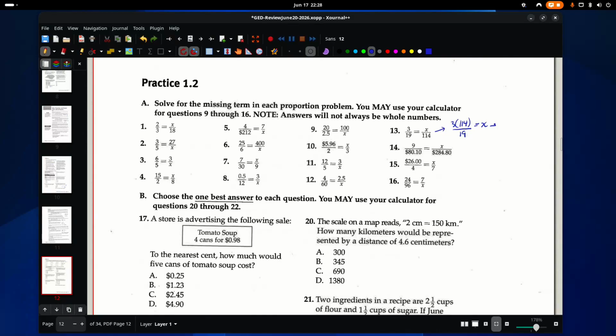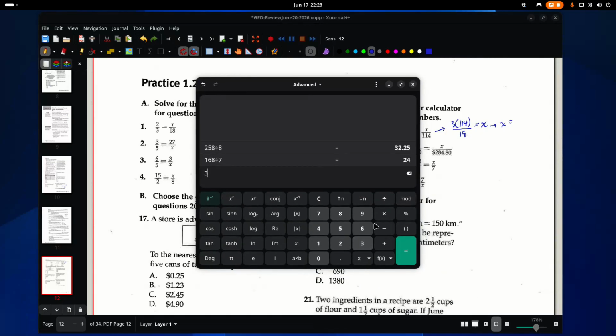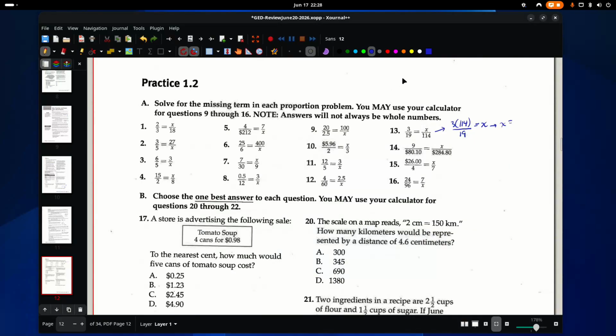So x has to be equal to 3 times 114 over 19. I'll try my calculator, 3 times 114 divided by 19, and we get 18 for that one. All right, so x is equal to 18.